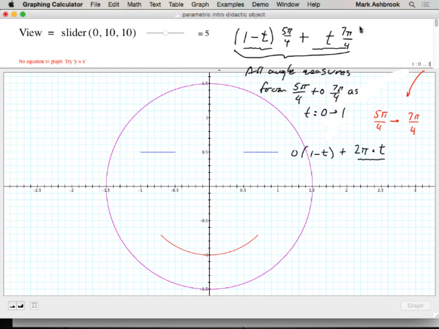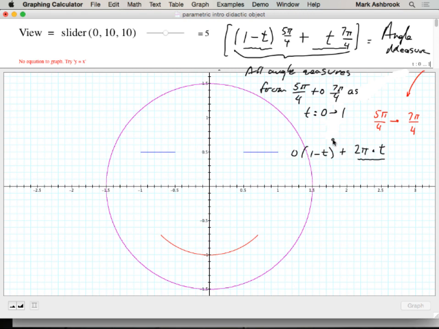So the point is that this equals angle measure. Specifically, in a parametric equation, this set of angle measures. But that thing, for a given value of t, is going to give you an angle measure.